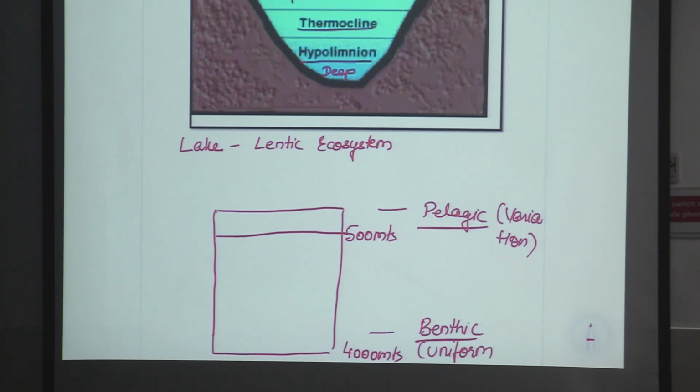Somewhere in between, up to a maximum depth of 1500 meters, there will be a separate layer called thermocline. All the variations in temperature are applicable in the pelagic zone and none of them is applicable in deep water. So in deep water the temperature is standard at this level.